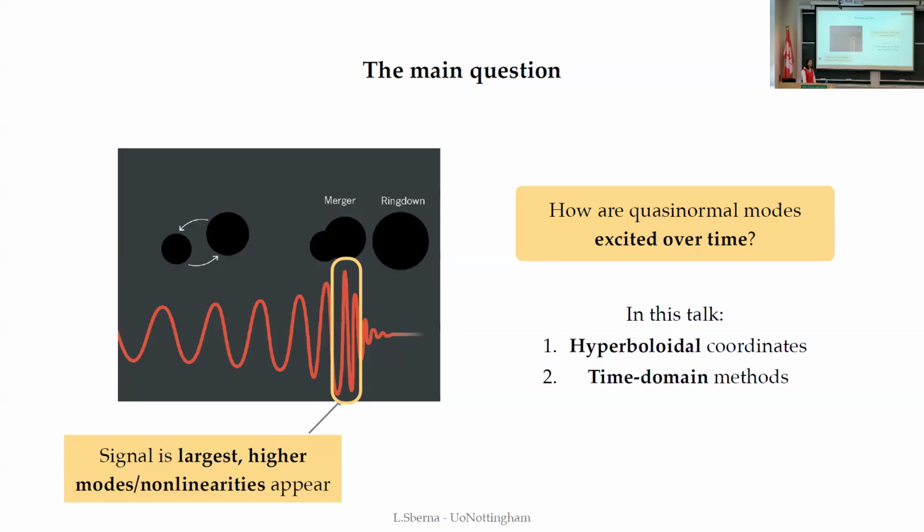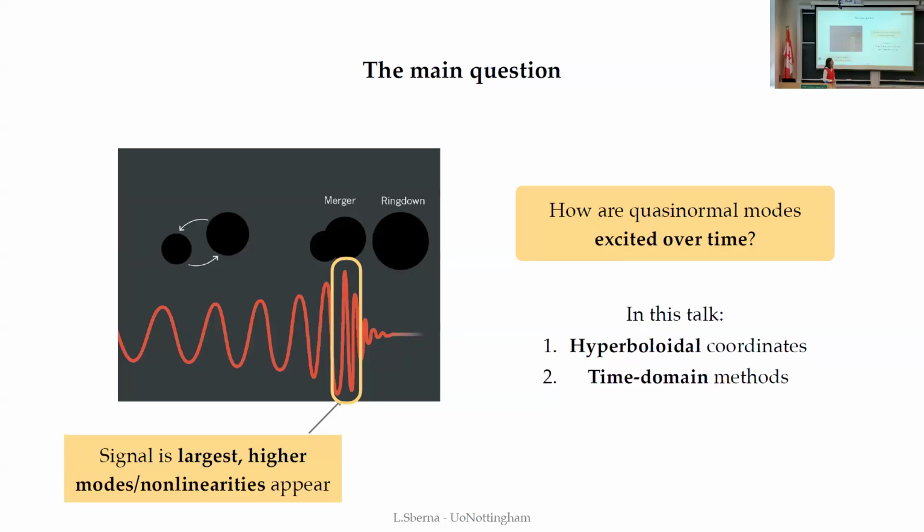So in this talk, I'm going to take two different approaches. First, I'm going to look at quasi-normal modes as mode solutions, so in frequency space, but I'm going to try to move towards the dynamical picture by using different coordinates rather than the standard Boyer-Lindquist coordinates, and using hyperboloids.